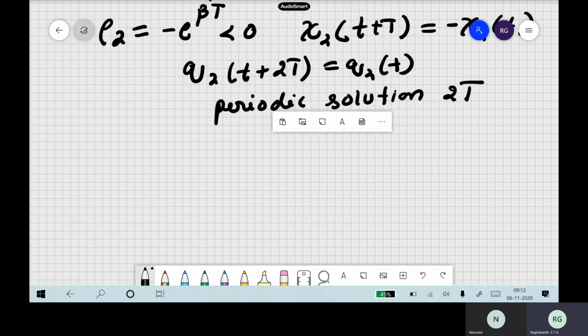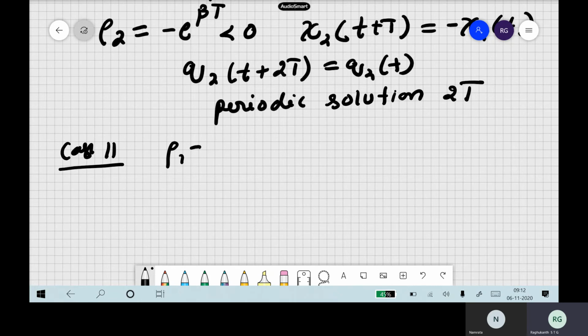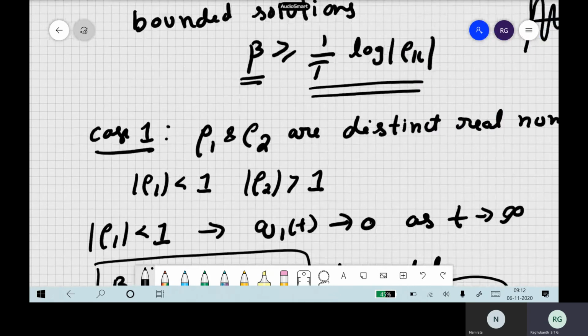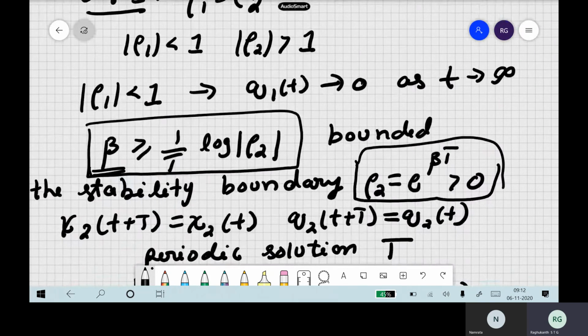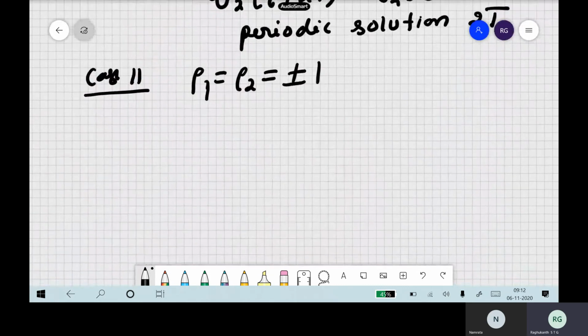Now another case, which previously was the... will be 0. So the log of this expression becomes 0. So finally you have e to the power of minus beta t itself, which means all the solutions automatically become stable.